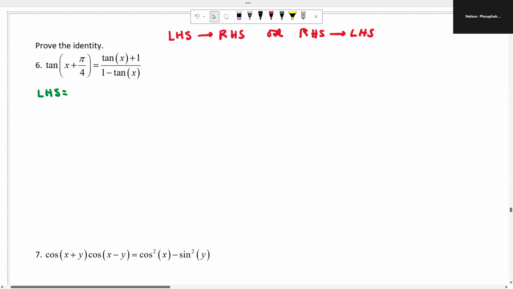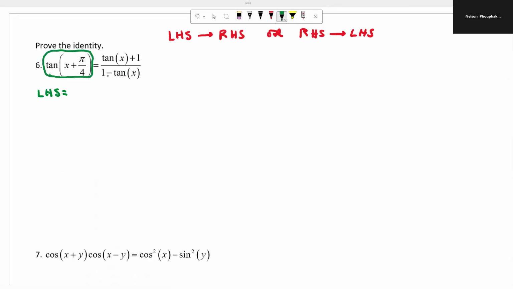Then now, based on what we know about the sum identity of a tangent, it will be tangent of x plus tangent of pi over 4, over 1 minus tangent x tangent pi over 4.